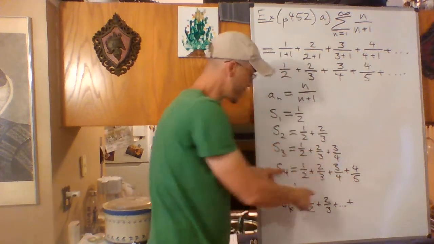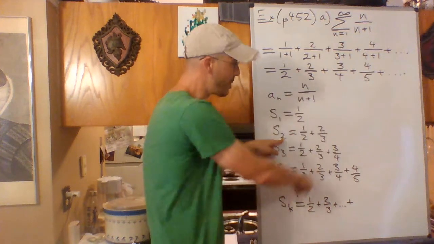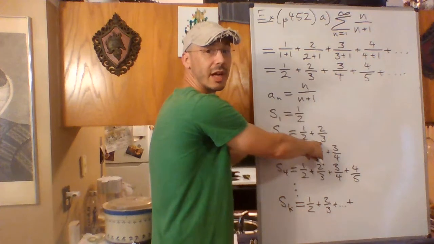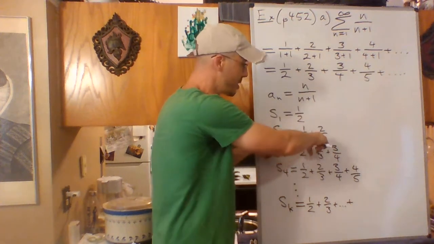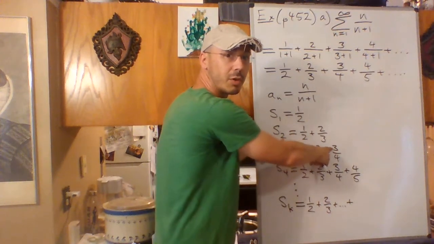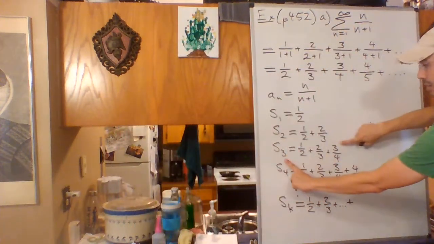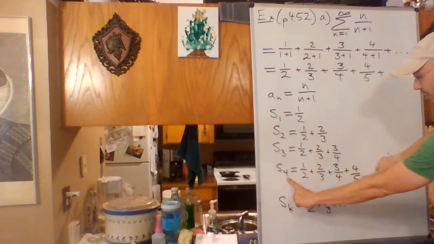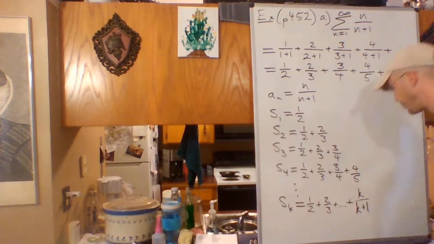S4 has 4/5. The index, the k value, matches the numerator of the last term, and then the denominator is one greater than that, as are all these terms. It's the number and then one number larger. But the last one is k over k plus 1.